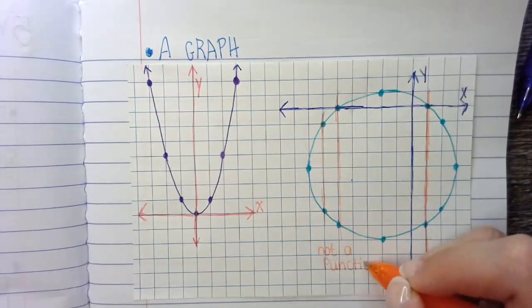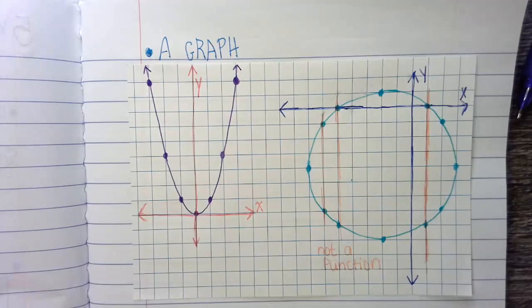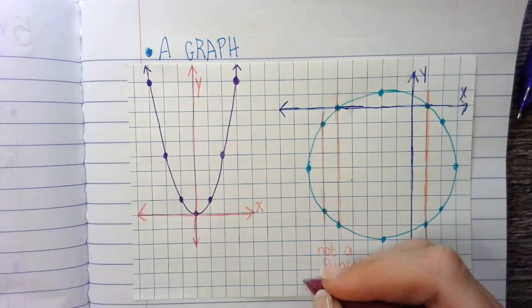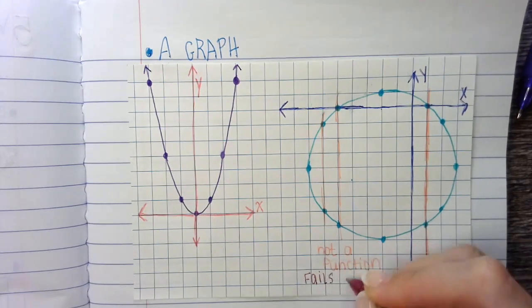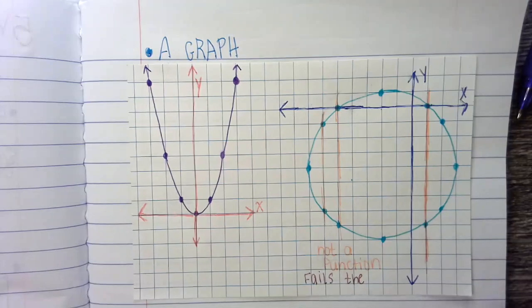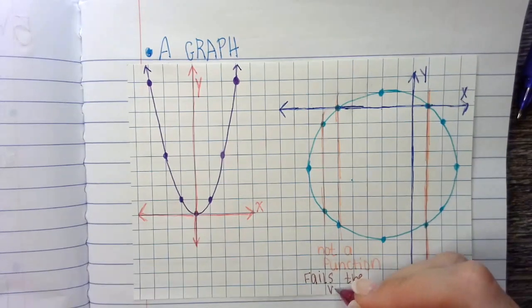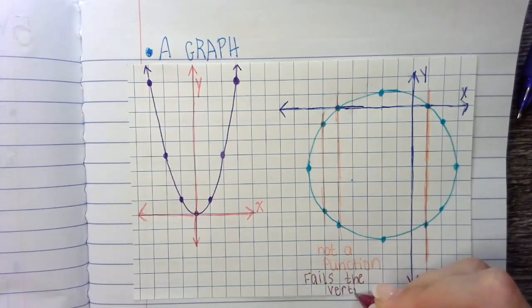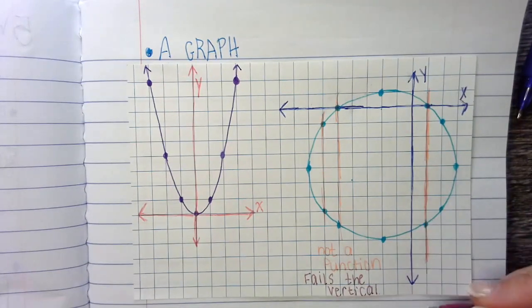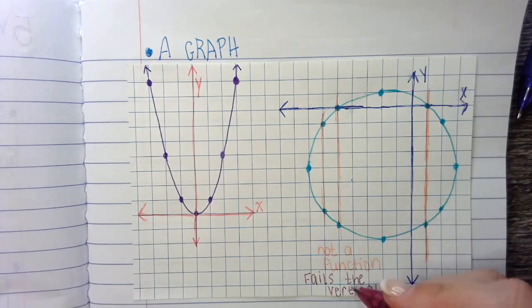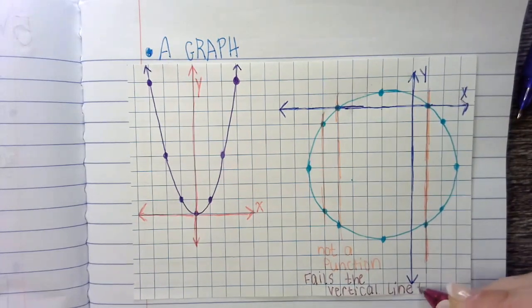I don't know if you could read that too well on top of the graph paper. Another thing that we can write is we can say fails the vertical, and I'll make sure you spell vertical correctly, okay, like California. California is the long vertical state on the West Coast. Fails the vertical line test.